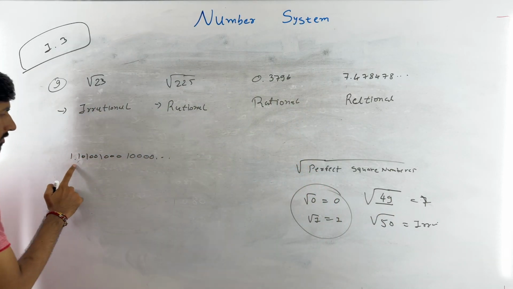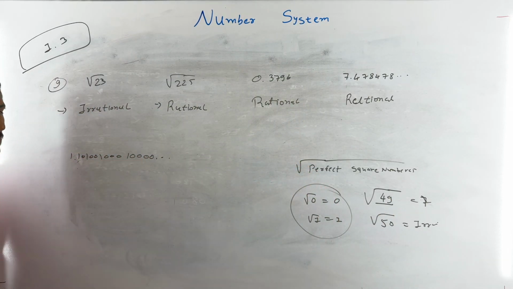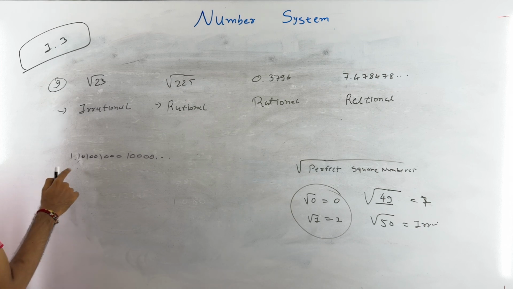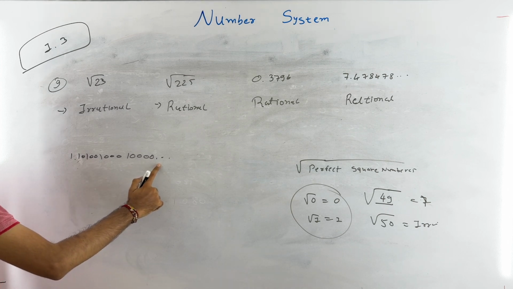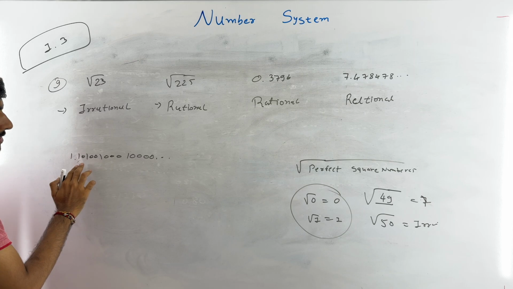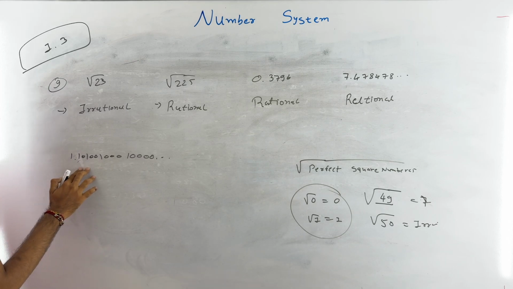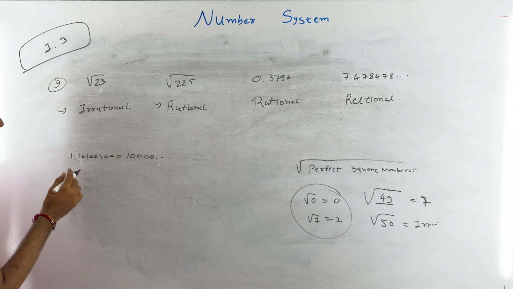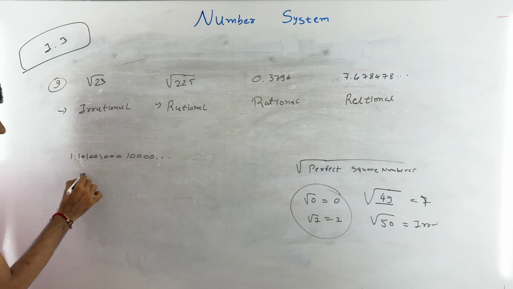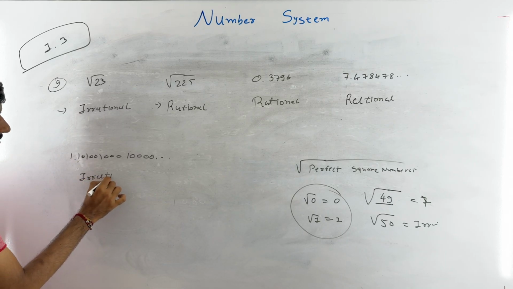Now for this, 1.1010101300, this is non-terminating, as we can see. Now if we look whether this is repeating or not, this is not repeating, as we can see. So non-terminating and non-repeating means this is an irrational number, right?